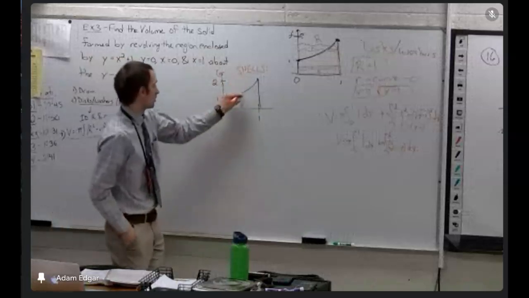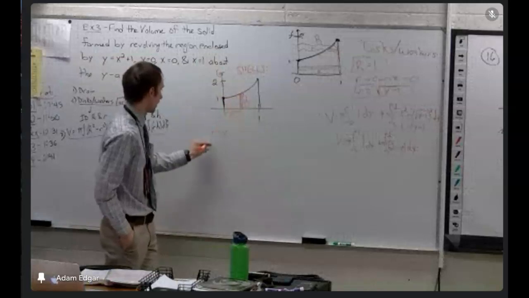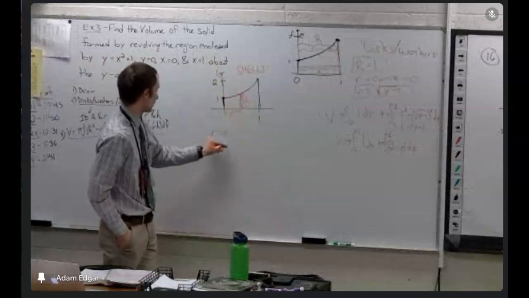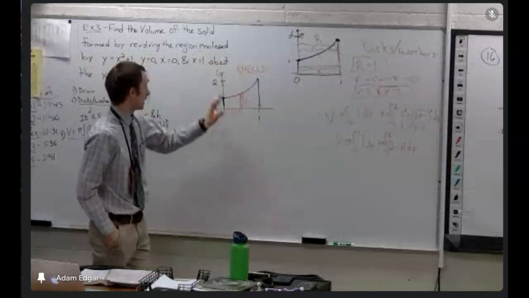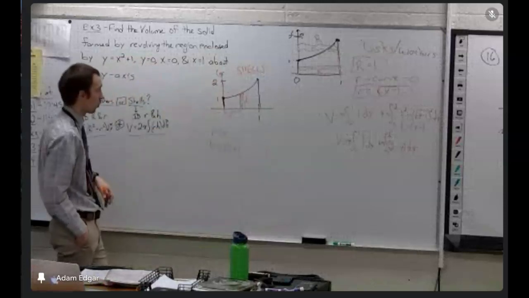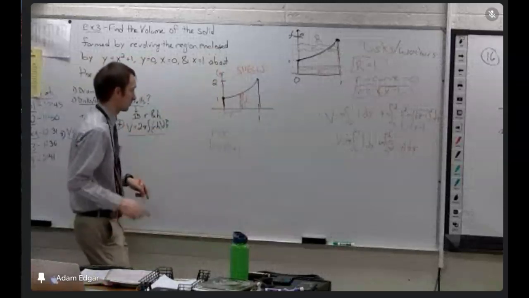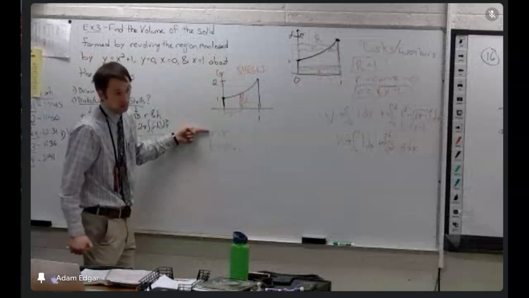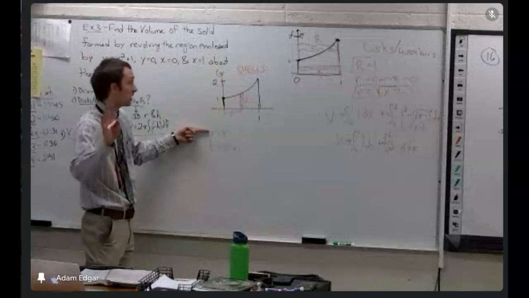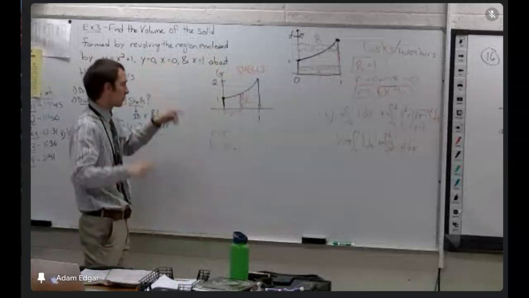H is going to be what? Yeah, it's just the height of the curve, in terms of x, so that's x squared plus 1. How do we know we're in terms of x? Look at the radius. That helps things out. So with shells, am I in terms of x or terms of y? Look at your radius, that'll tell you.